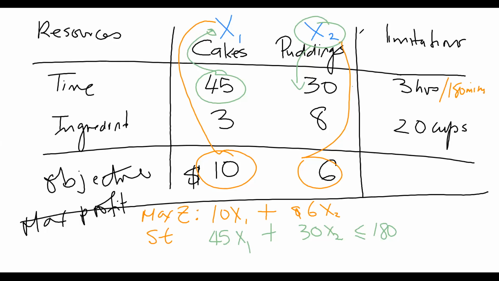So we're talking about now the ingredients. For each cake that you make, it requires 3 cups of flour. And for each pudding you make, it requires 8 cups of flour. And the most cups of flour that you have is 20.